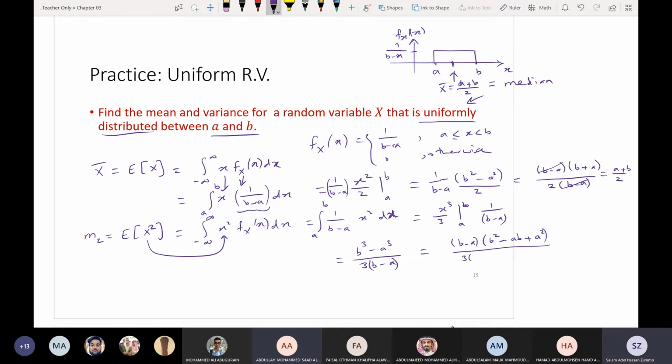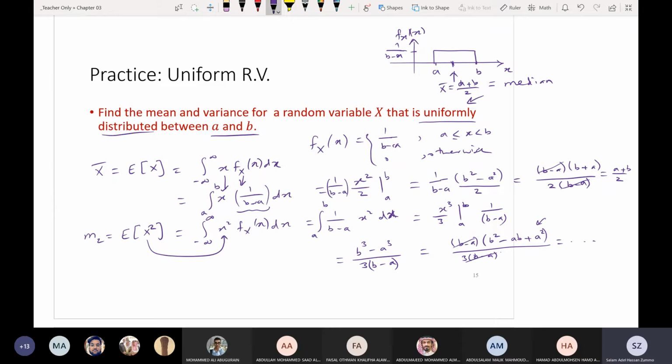And this is divided by 3 times b minus a. You can see that this cancels this, and you end up with this. Okay. I think you can complete the square here, and then you can simplify.